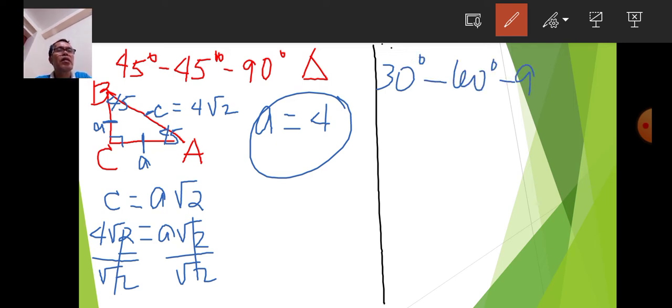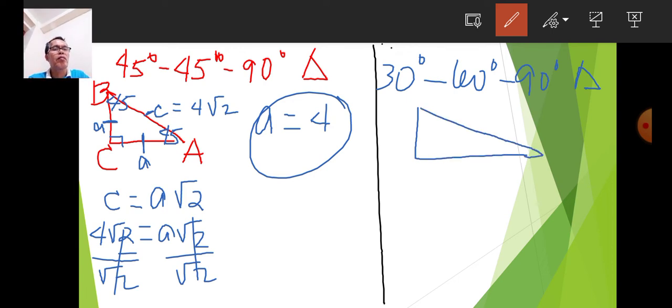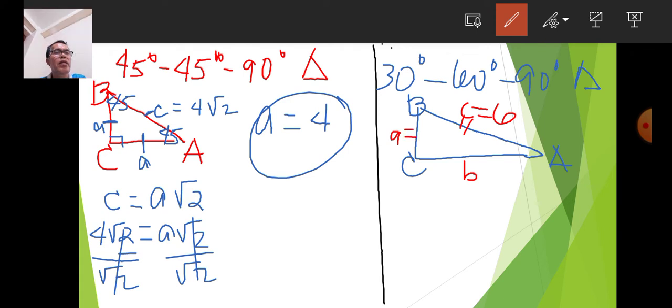If we have this triangle, if this is A, this is B, and this is C, and if C, for example, equals 6, what is B and A?